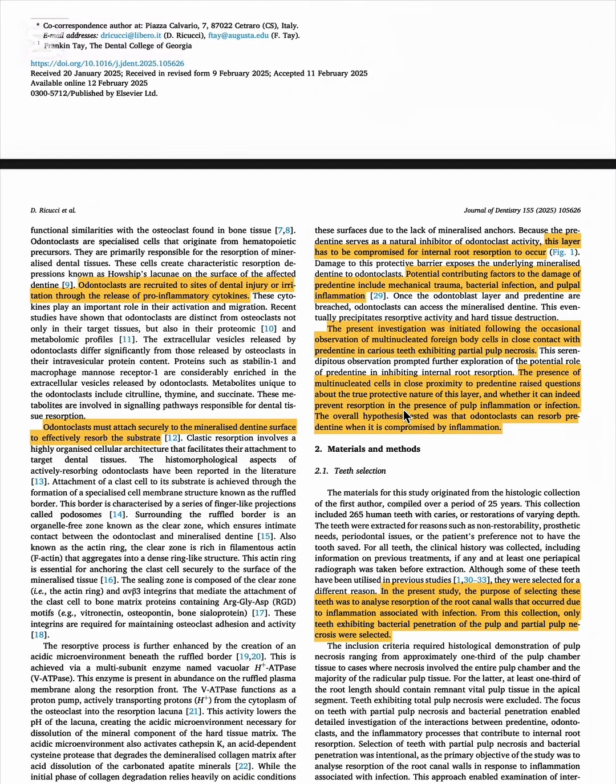The materials for this study originate from the histological collection of the first author over a period of 25 years. This collection included 265 human teeth with caries or restoration of varying depth. The teeth were extracted for reasons such as non-restorability, prosthetic needs, periodontal issues, or the patient's preference not to have the tooth saved.